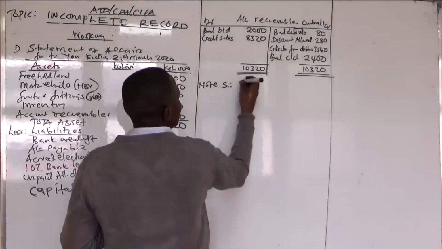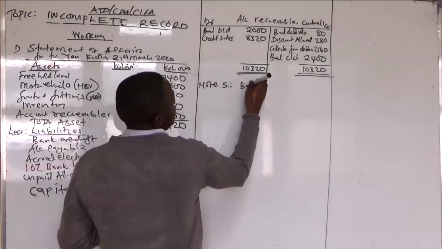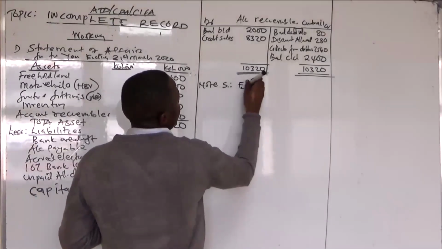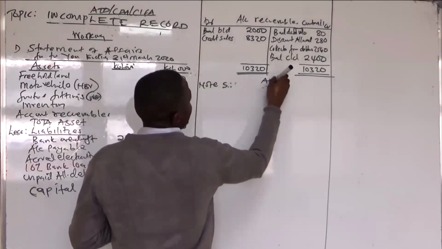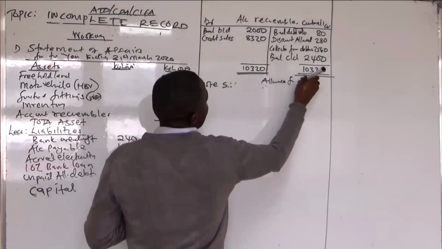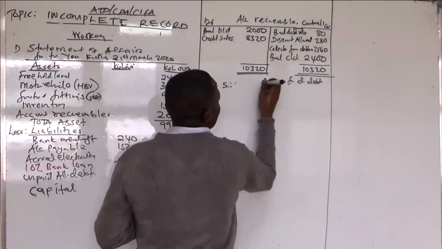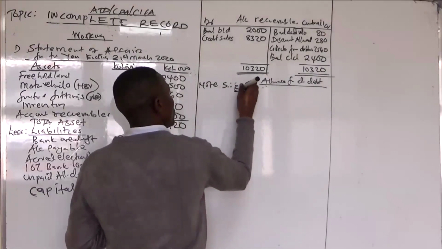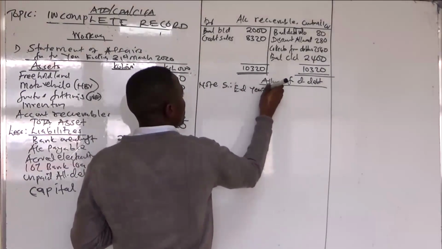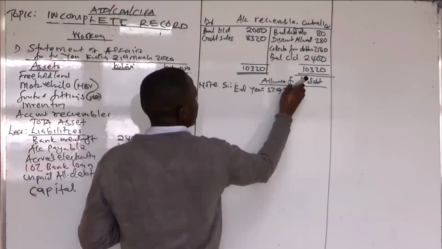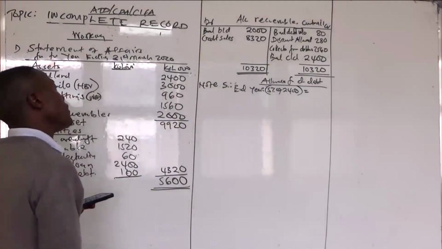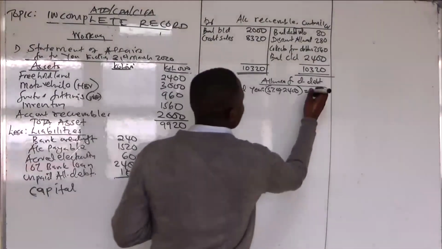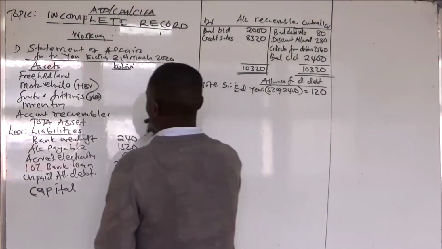So allowance for doubtful debt at the end of the year will be 5% of 2400. How much do you get? 120.